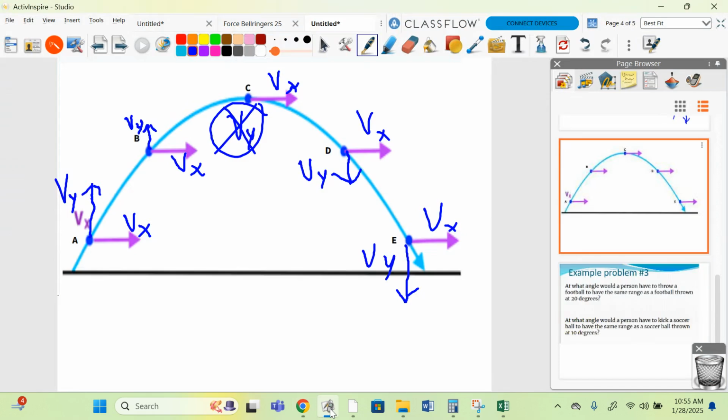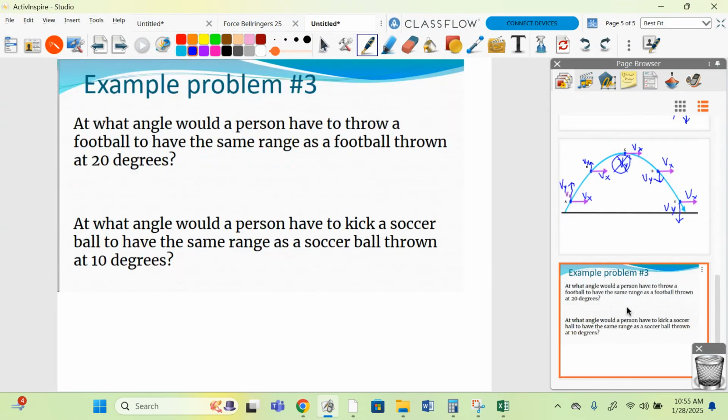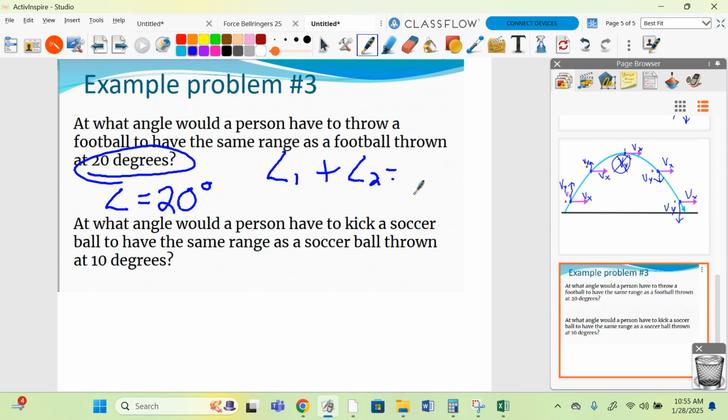So what will we do with angle launched? All we'll do is figure out what angle the object is going to land. So what angle would a person have to throw a ball to have the same range as a football thrown at 20 degrees? If this is my angle 1, equals 20 degrees, that angle plus the other one has to equal 90. Angle 1 plus angle 2 equals 90.